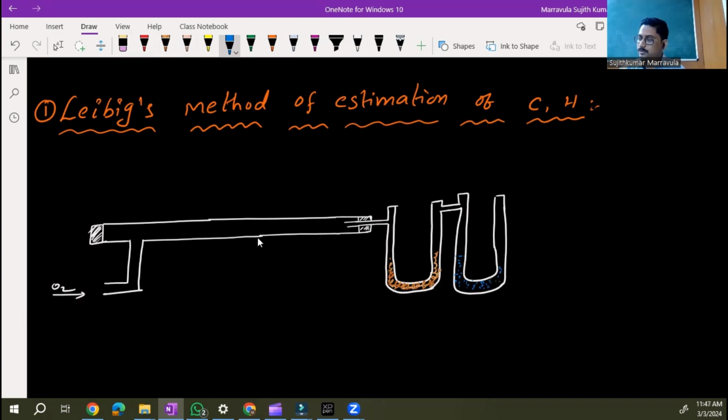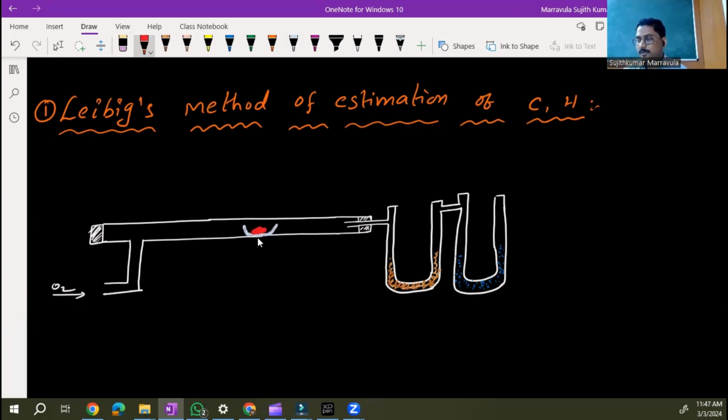Why we use KOH, we can discuss later. One very important thing to remember is that we have to take a platinum boat. In the platinum boat we take the organic compound with copper oxide.